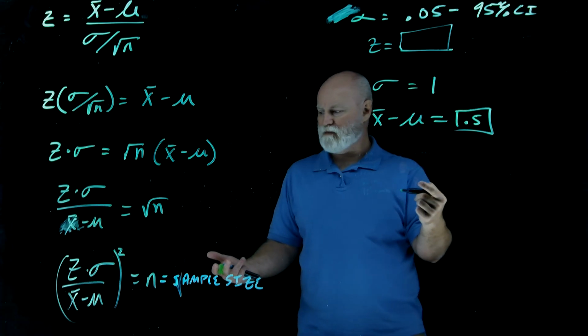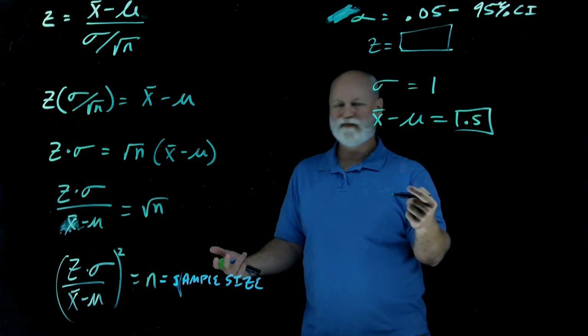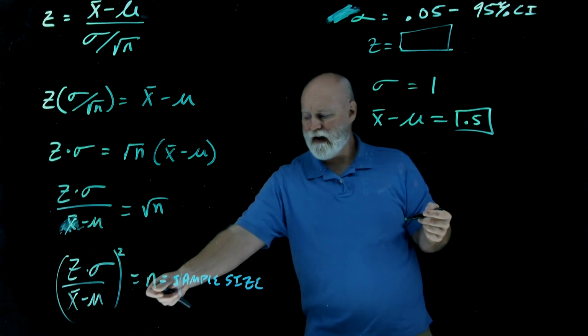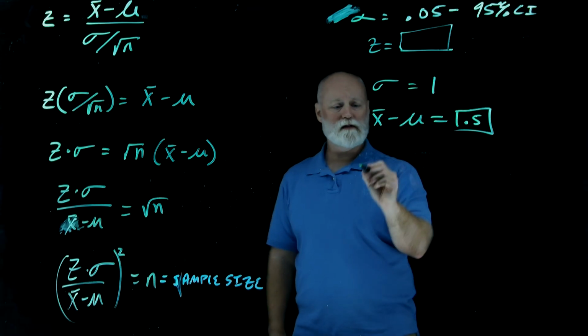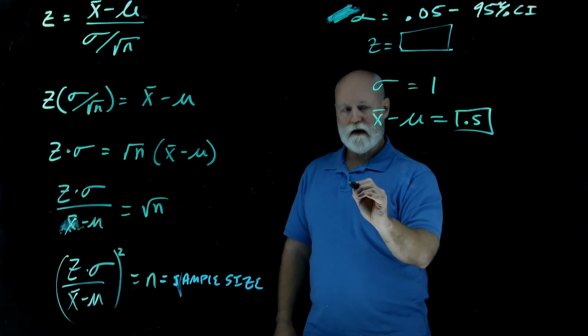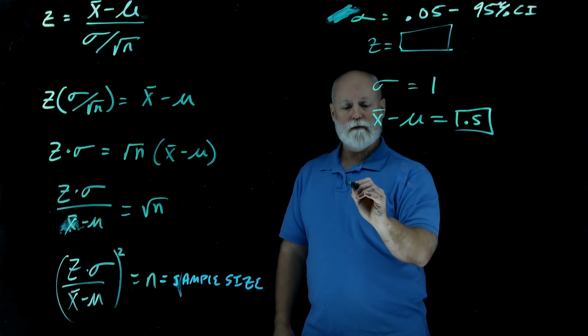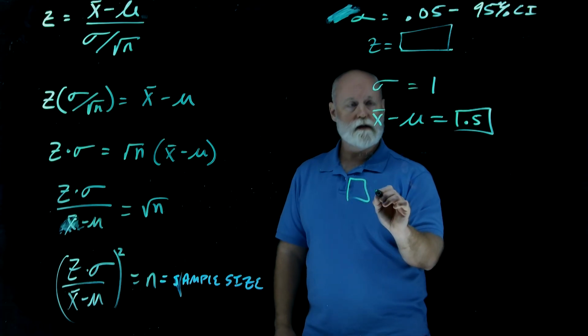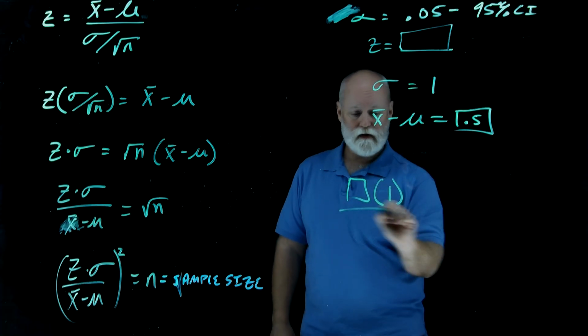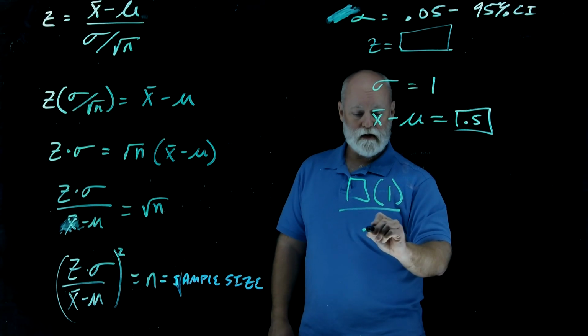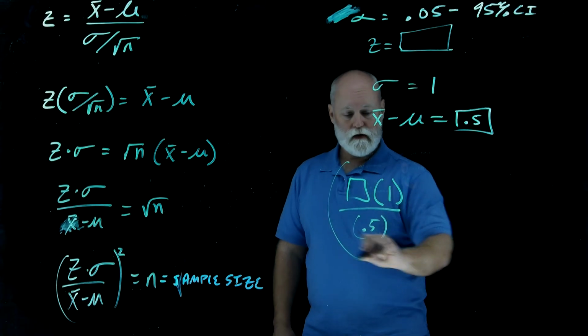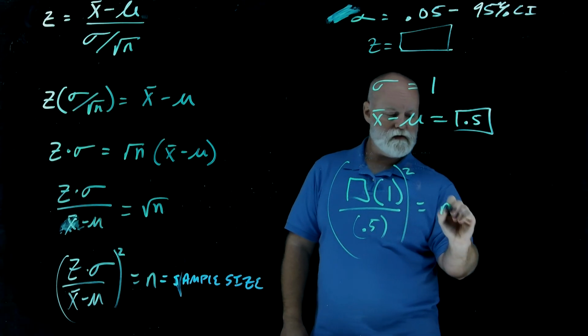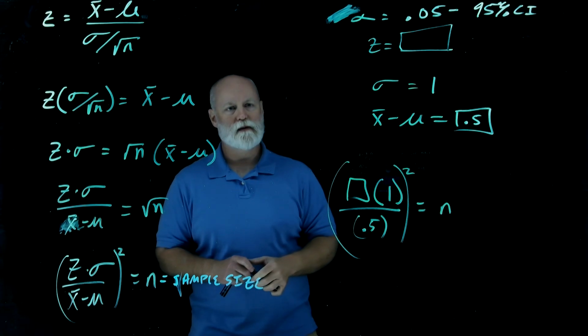Now we have a way of plugging in these values: whatever this value for z is, times 1 divided by, in this case, 0.5, all of that squared will tell us what the sample size needs to be.